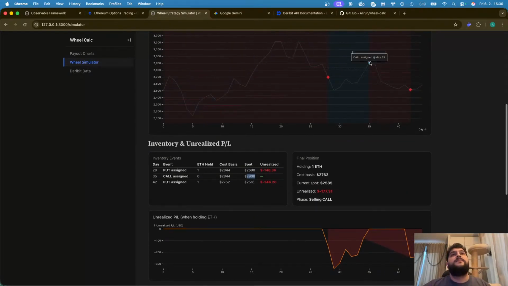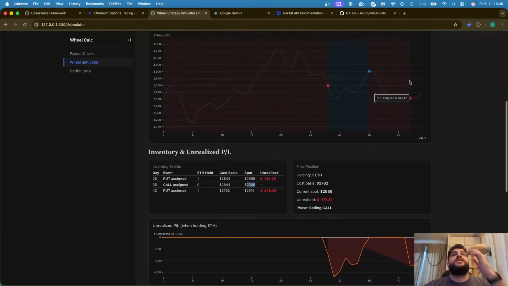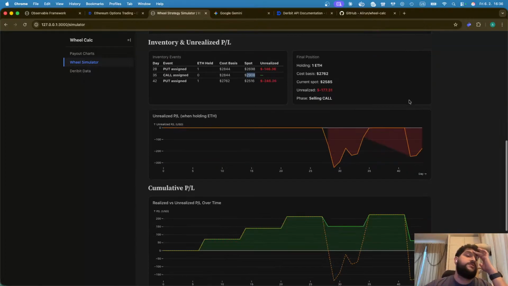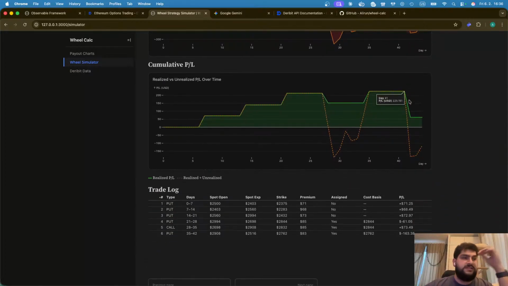Then again, what happened here is we sold the put option, and then the price dropped. So when the expiration day came on the 42nd day, basically the 4th week, right? Or what's the 6th week?